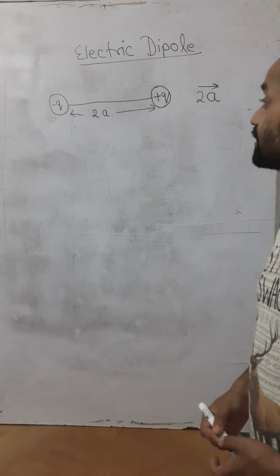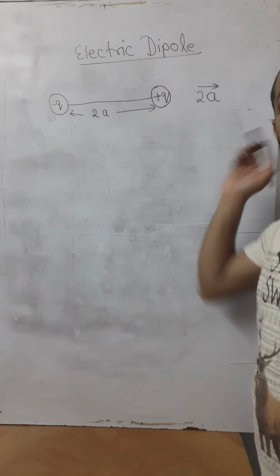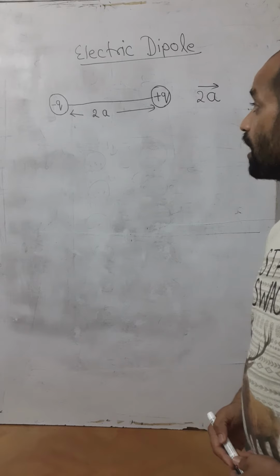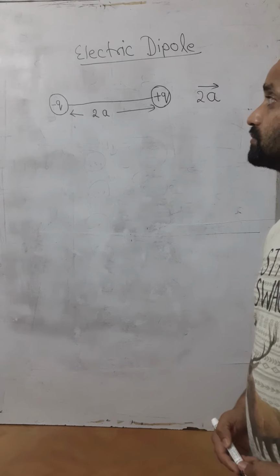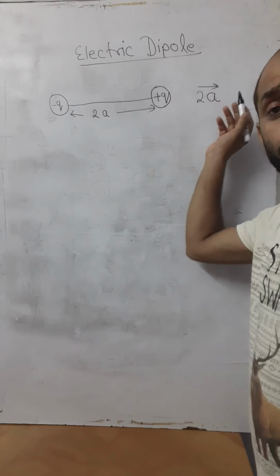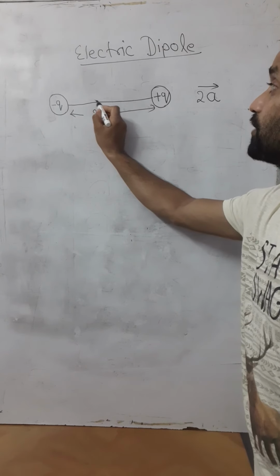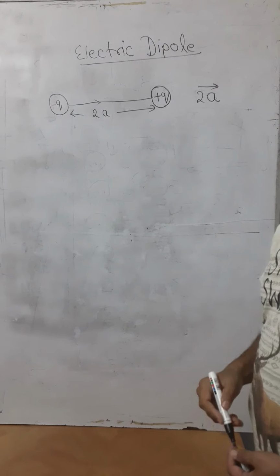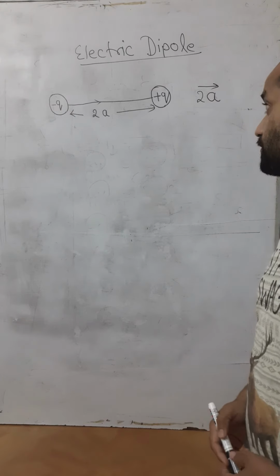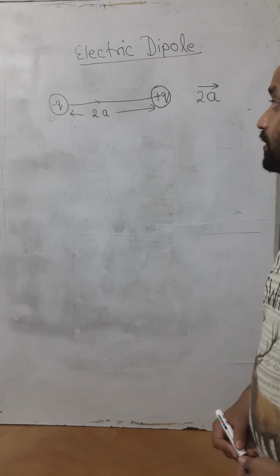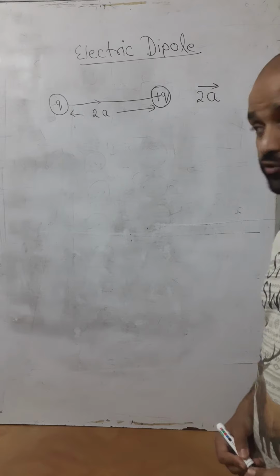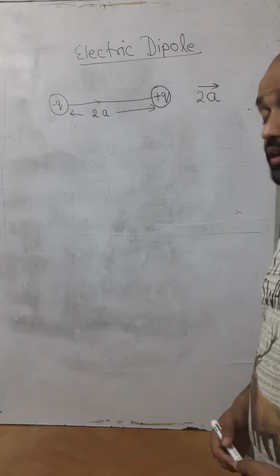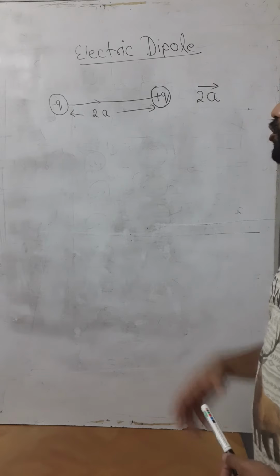The length of the dipole is denoted by 2a vector, and the direction of this vector is from negative to positive. Negative to positive, right? Here we are interested in taking out the electric field due to this dipole.